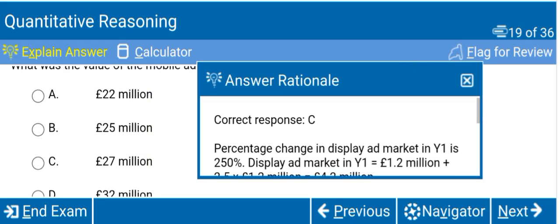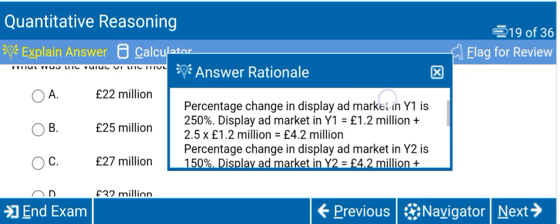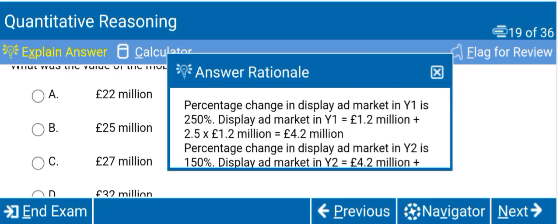Now the correct response is option C. That is, the percentage change in display ad market in year 1 is 250%. Display ad market in year 1 equals 1.2 million pounds plus 2.5 multiplied by 1.2 million pounds equals 4.2 million pounds.